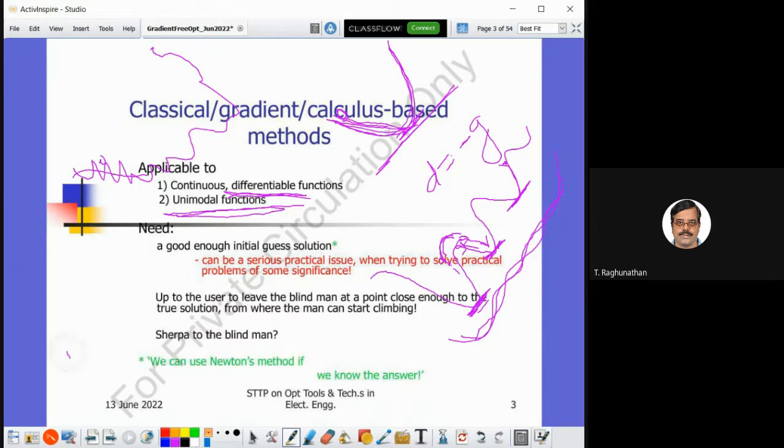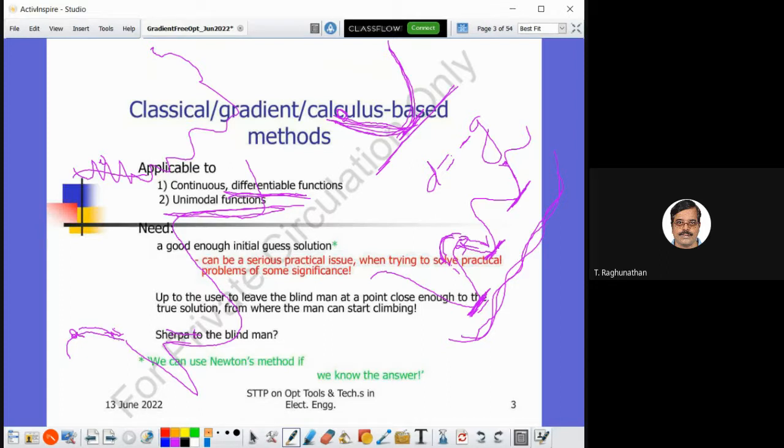Another problem is, you think like this, there is a discontinuity. You leave the man here, there is a discontinuity here like this. There is no way he is going to jump across this gap and continue his journey. His journey will stop here where there is a discontinuity.